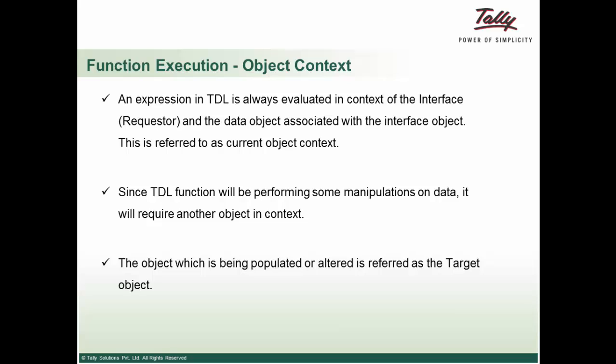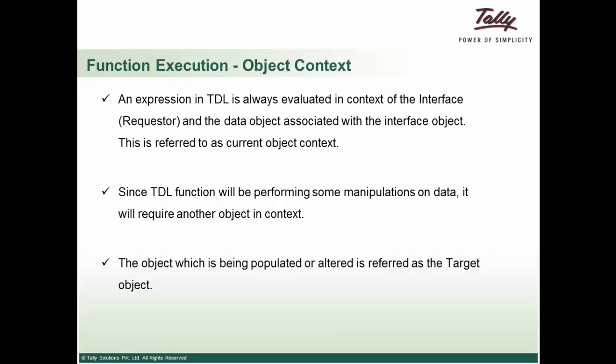Function execution object context: an expression in TDL is always evaluated in the context of the interface, the requester, and the data object within the interface. This is referred to as the current object context.